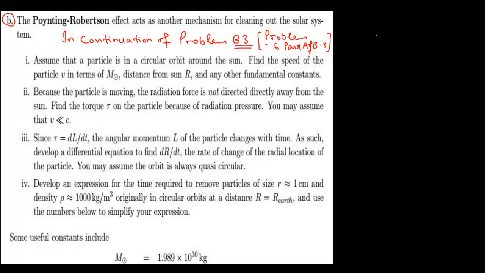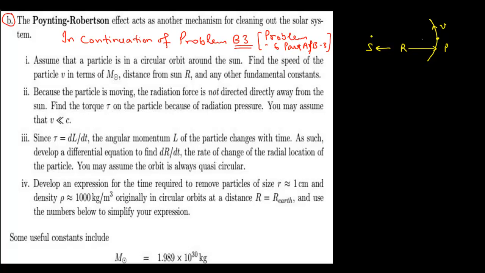Now we know that this is the sun, and here we have the particle, and the distance between the sun and the particle is given r. Now this particle is moving around the sun in this circular orbit with certain speed v. Then we have to find out this speed v.